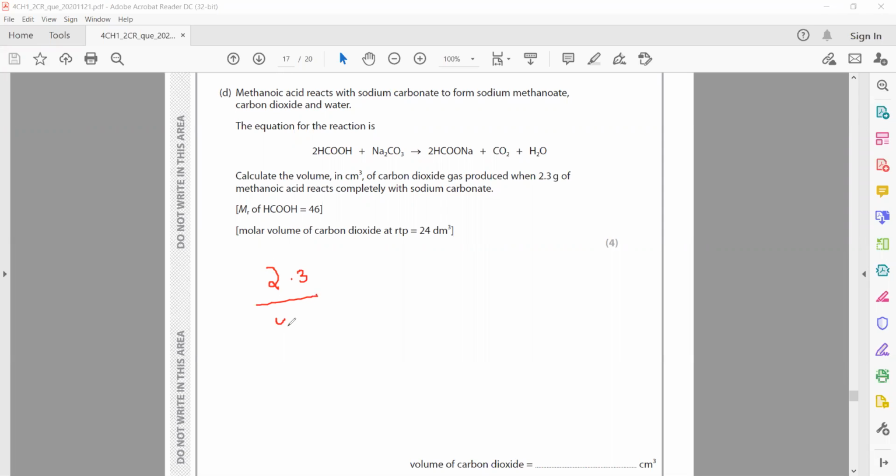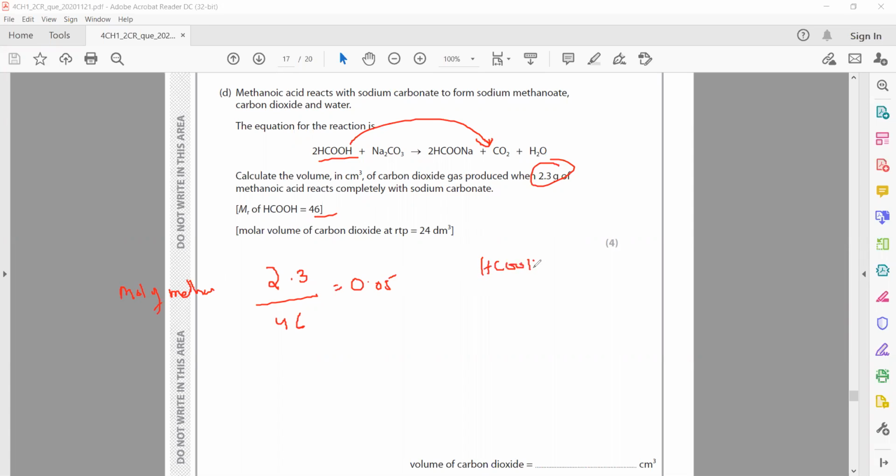Moles equal mass in gram over molar mass. So mass is 2.3 grams and the molar mass is 46. 2.3 divided by 46 will give us the moles of methanoic acid, 0.05 moles.